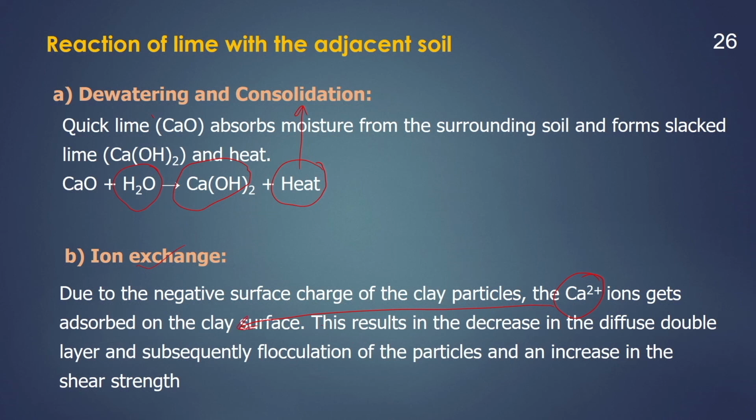This results in a decrease in the diffuse double layer thickness. As the diffuse double layer thickness gets reduced, the repulsion between the particles gets reduced and the particles will be flocculated together. As the particles get flocculated, there will be an increase in the strength of the surrounding soil.